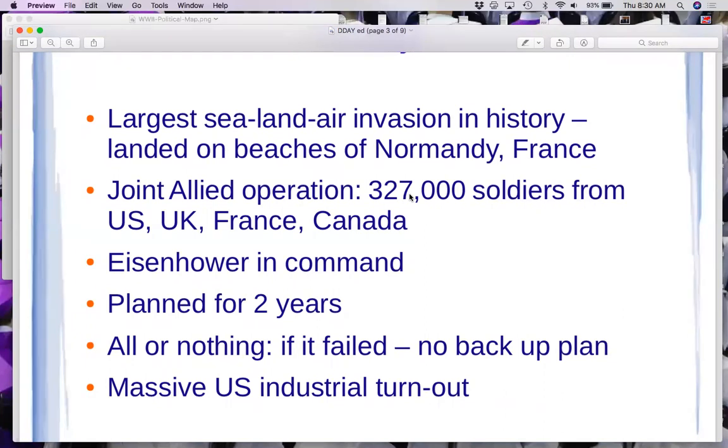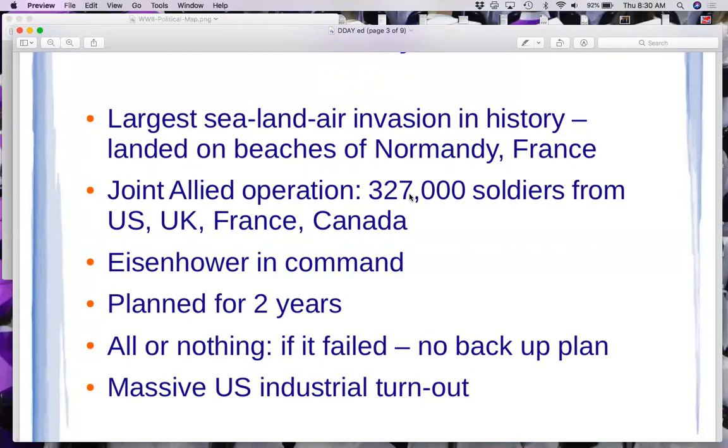They planned it for 2 years, and they had no fallback option. It had taken 2 years to create all the equipment. Just creating the types of boats that would land on a beach in Normandy, France, was really difficult because you had to ground them right up onto the beach, and they had put so much money and so much effort into this, and they really had no backup plan.